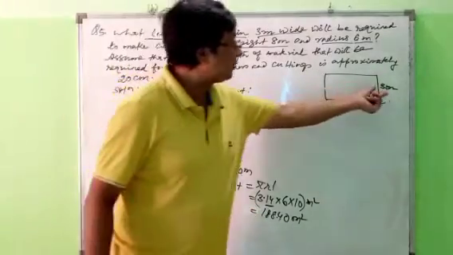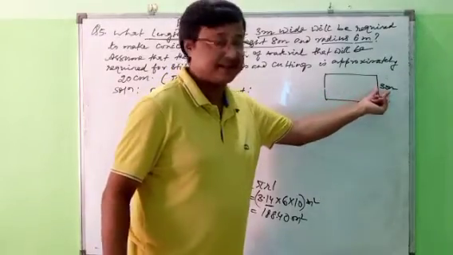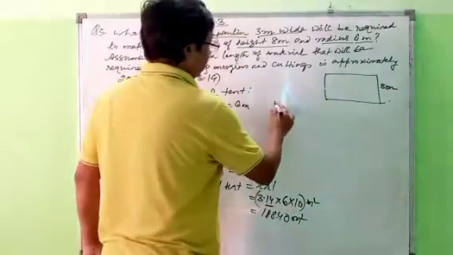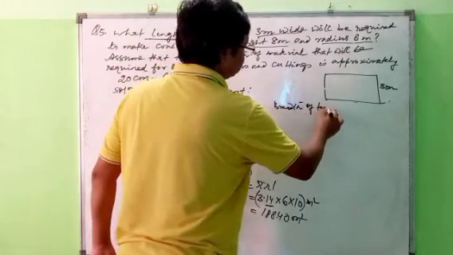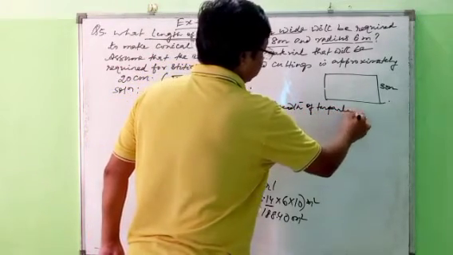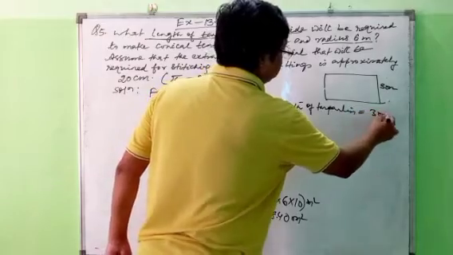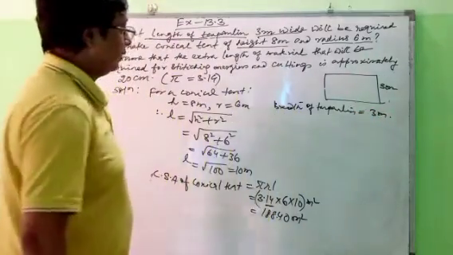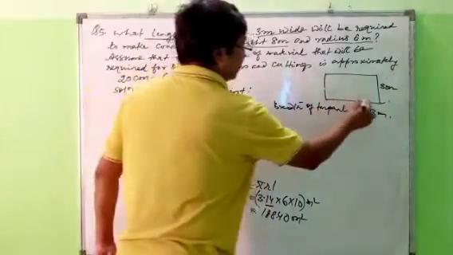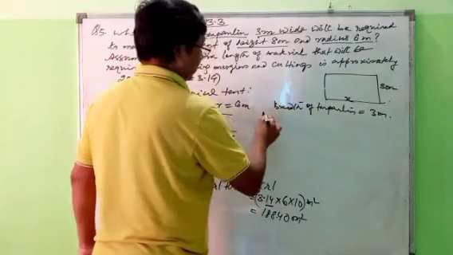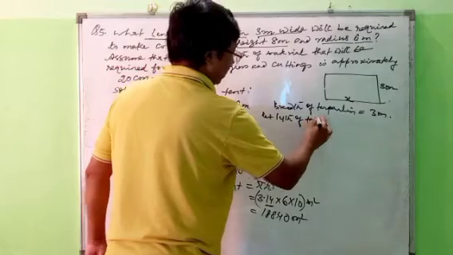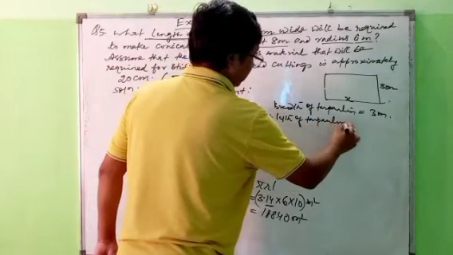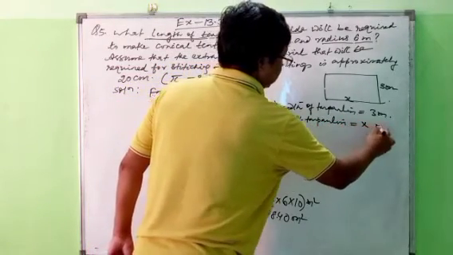Now the breadth of the tarpaulin is given 3 meter. Let us take the length as x. Length of tarpaulin is equal to x meter.